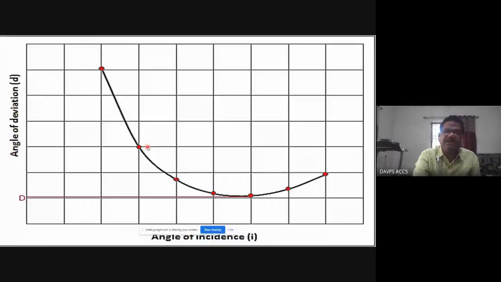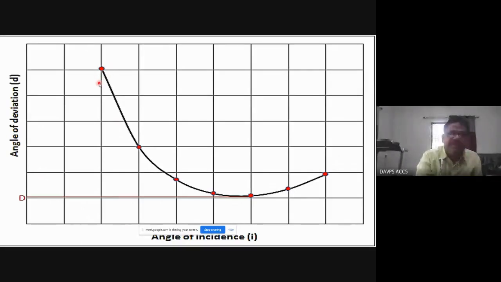How will that graph be? The angle of deviation versus angle of incidence. You plot the graph and it becomes like that. It will be falling down like that, in this way. And if you take the tangent here, at the minimum angle of deviation, this is the minimum angle of deviation. If the angle of incidence increases, you get the angle of deviation.